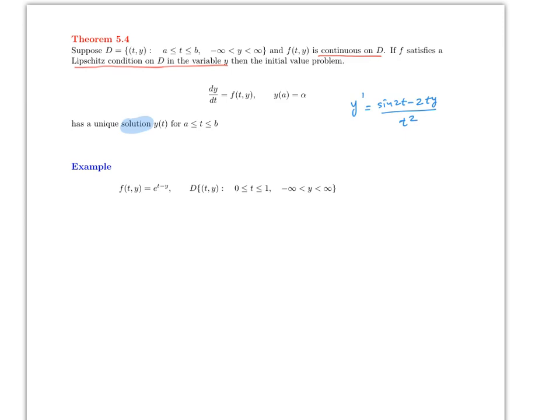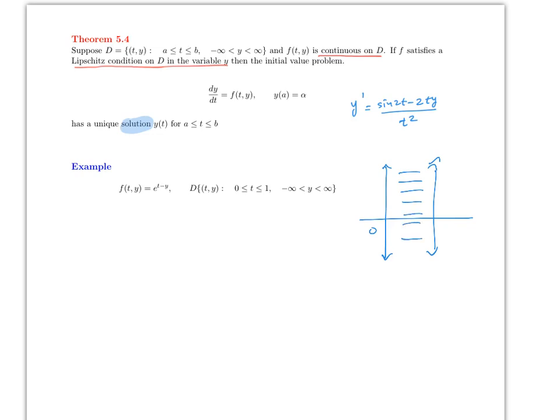Look at this example. Here we have a convex set between 0 and 1. The set looks something like this. You have 0, you have 1. This keeps going forever for the value for y.